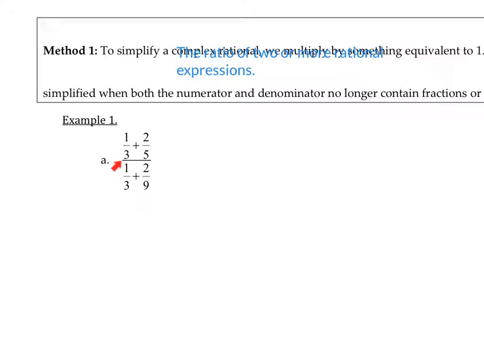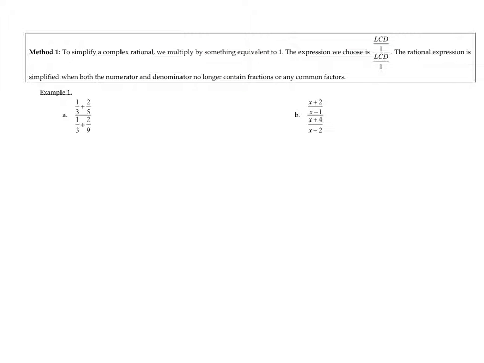So we have the fraction bar here, but then above the fraction bar we have a numerator that is itself fractions and a denominator that is fractions. In order to simplify a complex rational, there are two methods. The first method, or method 1, is we are going to multiply by something that's equivalent to 1.